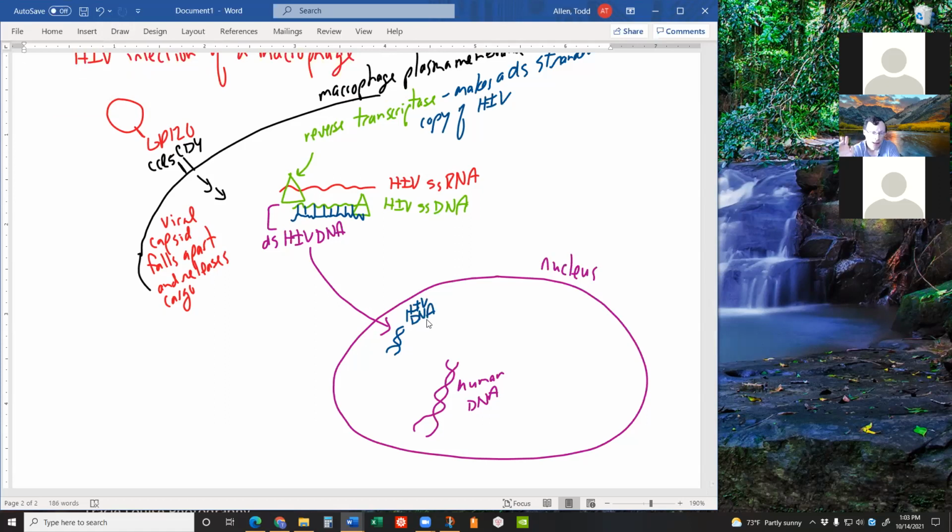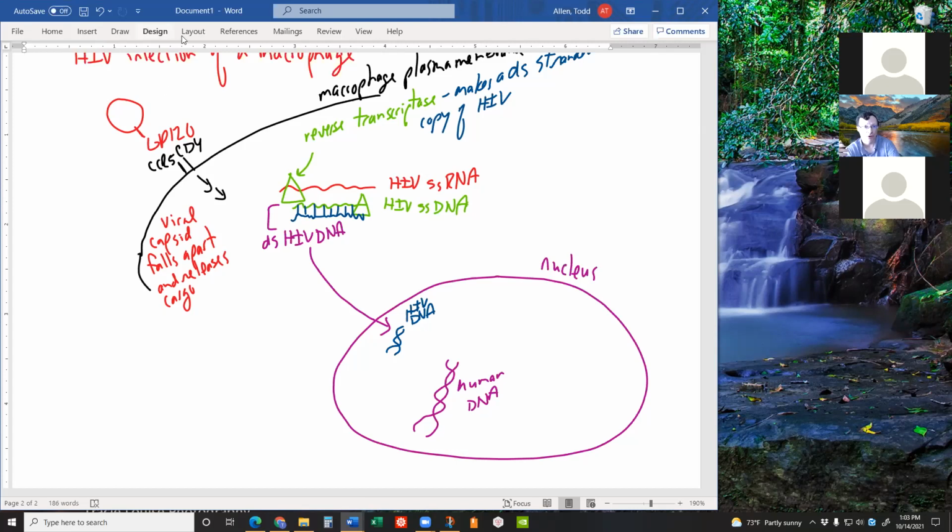Now, when the HIV DNA is brought into the nucleus, unbeknownst to us, and perhaps not as clear in the video as we would want it, there's a special protein attached to the double-stranded version of HIV, and that's the integrase enzyme.